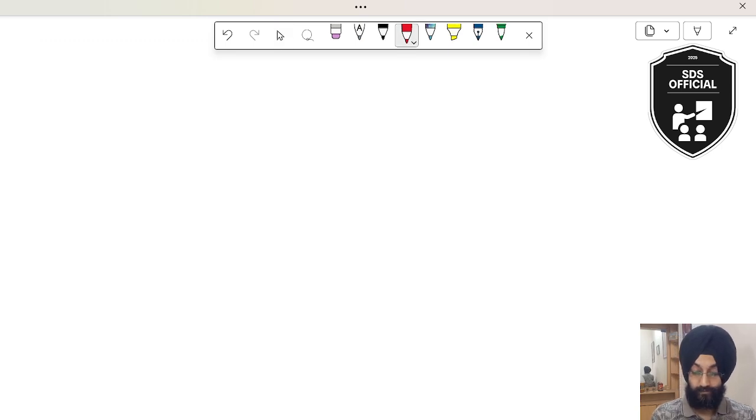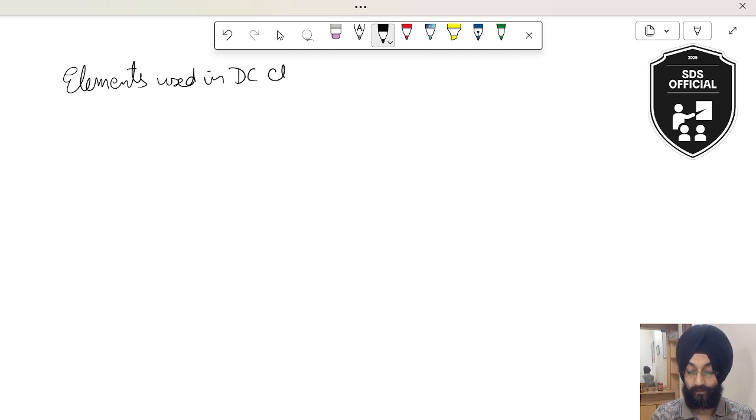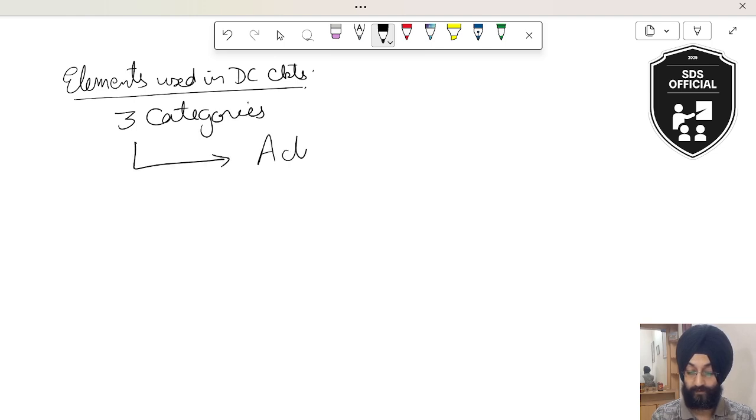So today's topic is elements used in DC circuits. There are basically three categories. Number one, they can be divided into active and passive elements.